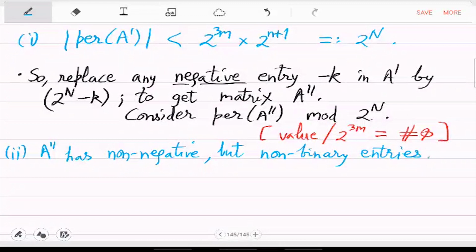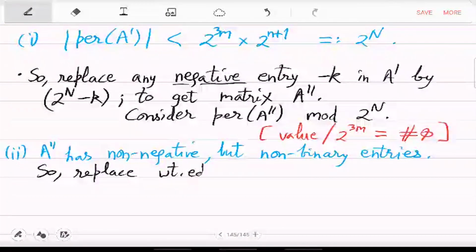So what you do is you replace a weighted edge k by the binary representation of k, introducing more vertices and more edges.